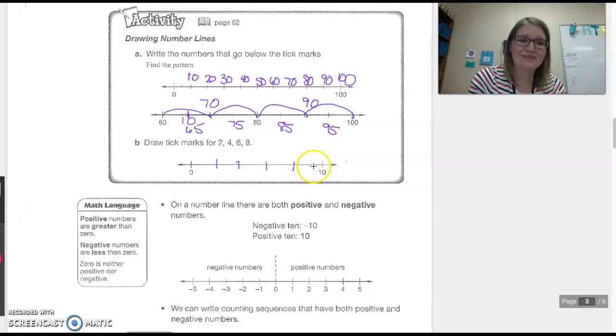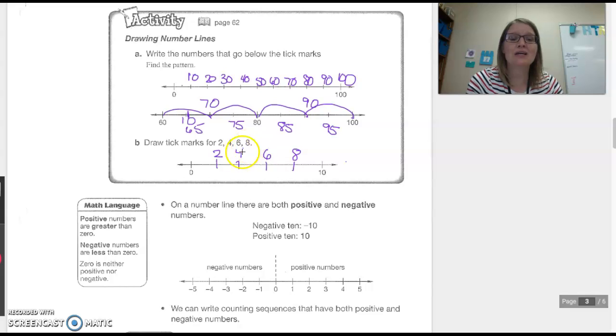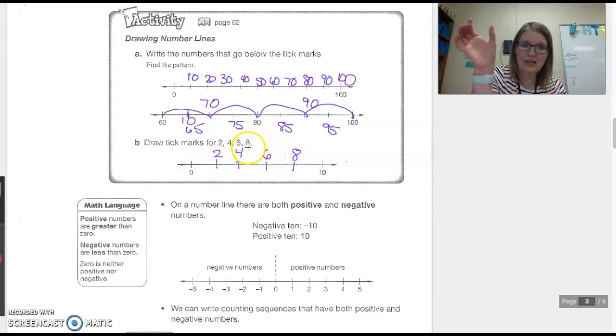Not quite, but they're not quite perfect. This one's a little bigger than that side, but generally the idea is they need to be evenly spaced.